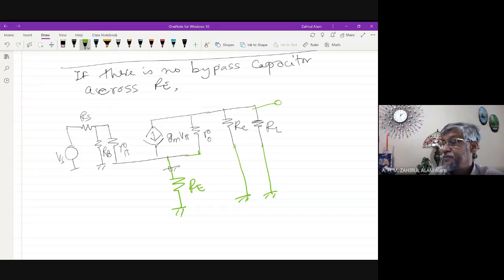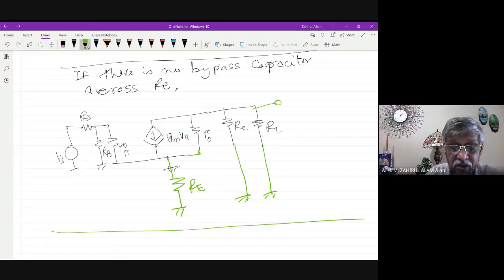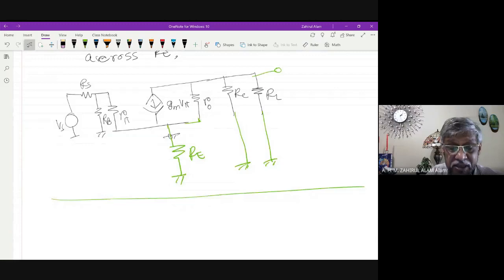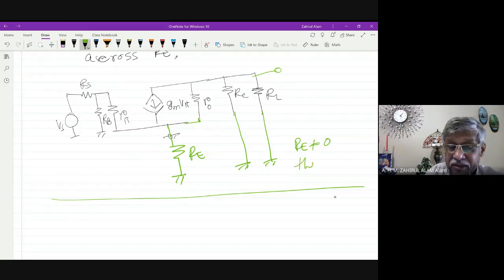Correct? Correct, sir. So now we have shown this is the mid-band equivalent circuit when RE is not equal to 0, or there is no bypass capacitor.